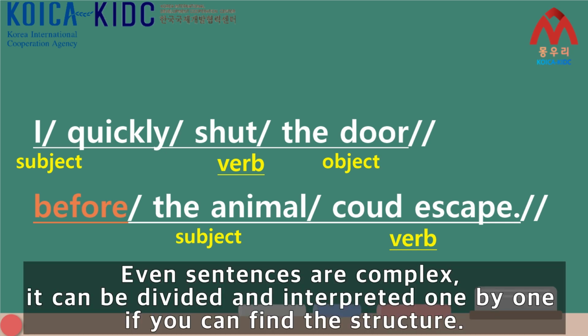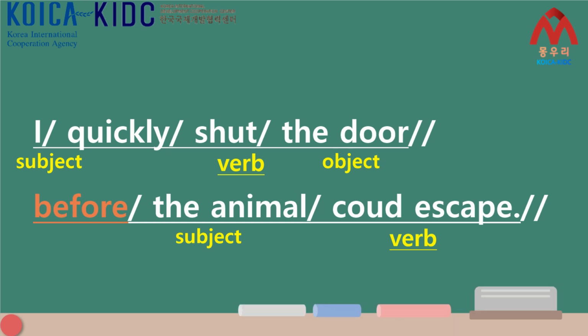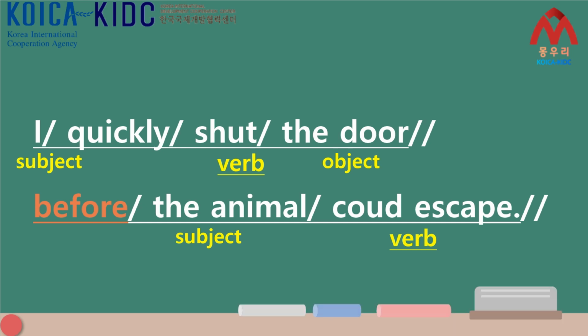Even if sentences are complex, they can be divided and interpreted one by one if you can find the structure. Even if it takes some time, there will be no difficulty in interpretation. The important thing in a sentence is to find a verb and identify the sentence based on the verb.